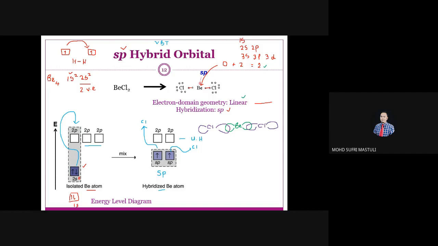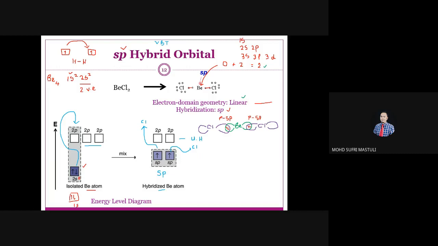In the electron domain, the region of overlapping, we have spin up, spin down, and also spin up, spin down. So according to valence bond theory, this molecule involves the overlapping of the p orbital with the sp hybrid orbital. Chlorine has a p orbital, but beryllium has an sp orbital.